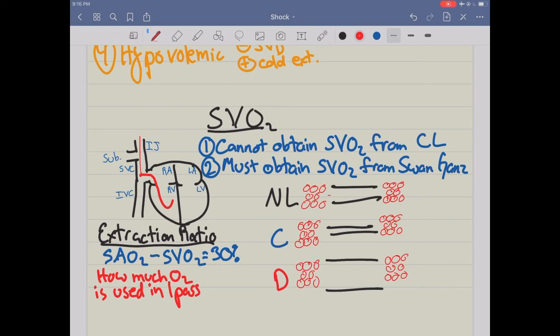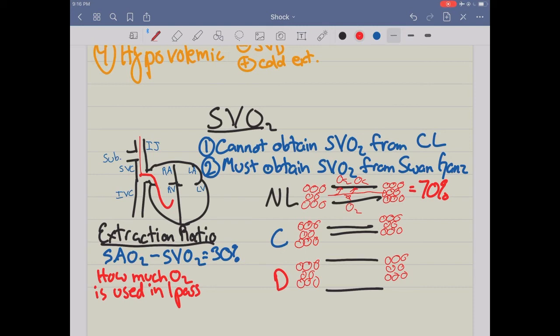They go through our capillaries, which are represented in between these black lines, and they go through to the other side. And we have some oxygen exchange, oxygen goes out, and we're roughly left with 70% oxygen at our venous side if we were to measure from a Swan-Ganz catheter.